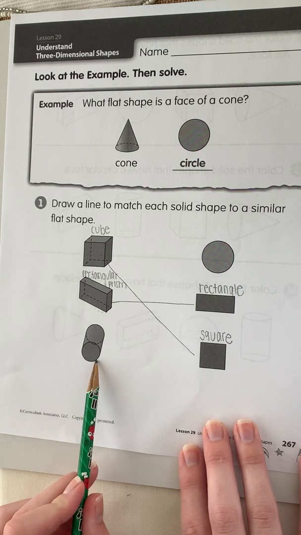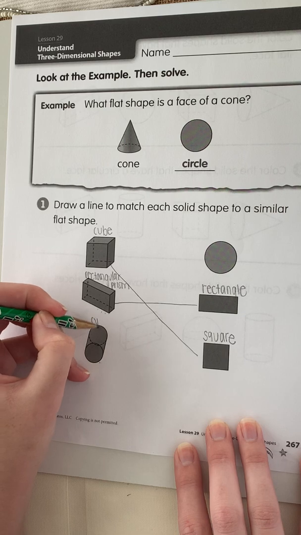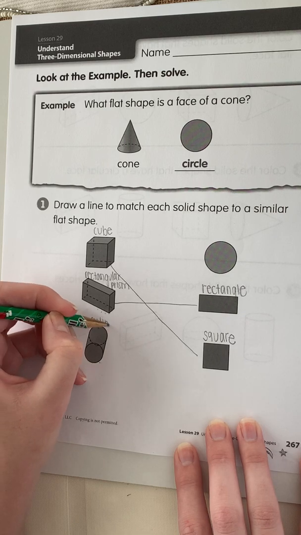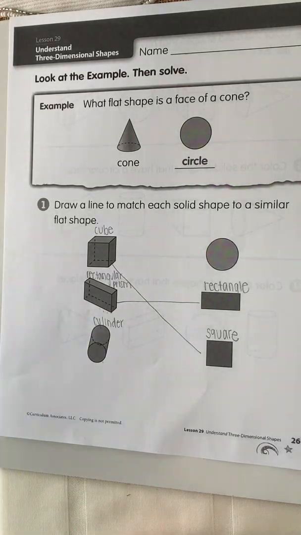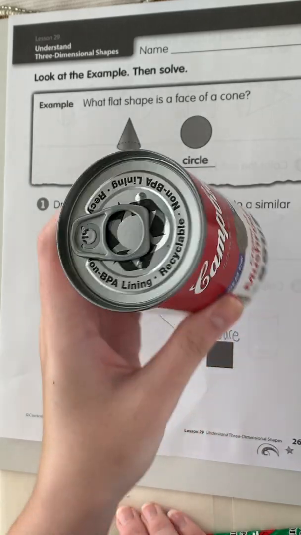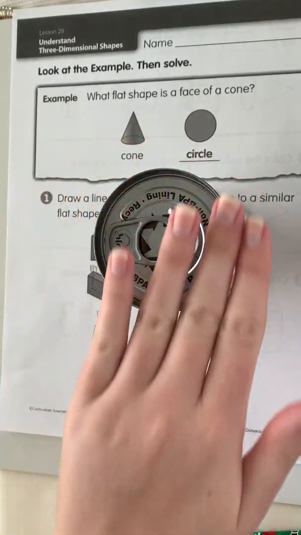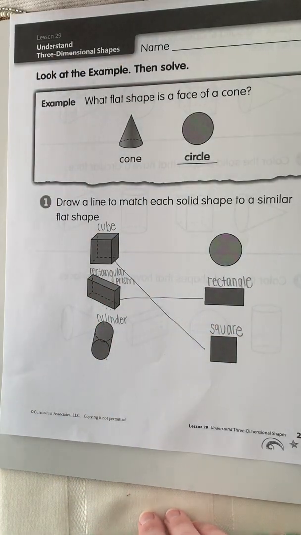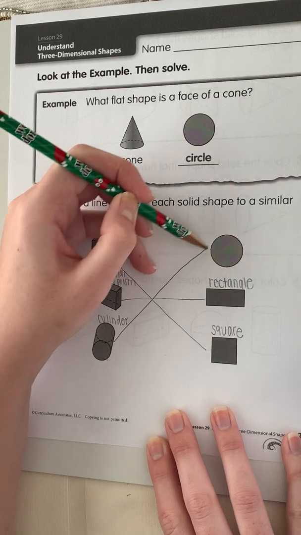Now I am going to look at this shape here. This shape is called a cylinder, and a real life object would be a can of soup. So if we look at this face here, this face would be a circle. So I'm going to draw a line from the cylinder to the circle here.